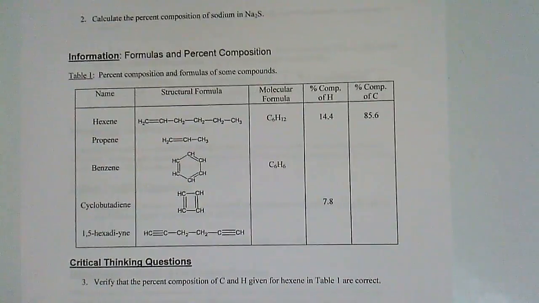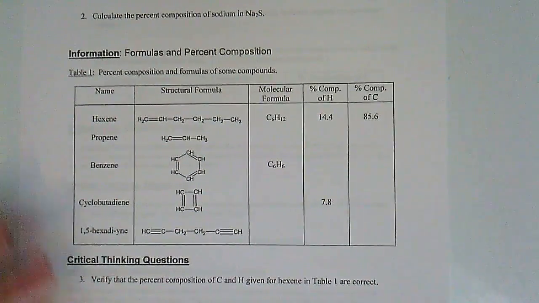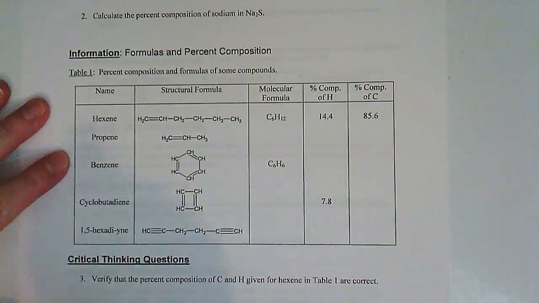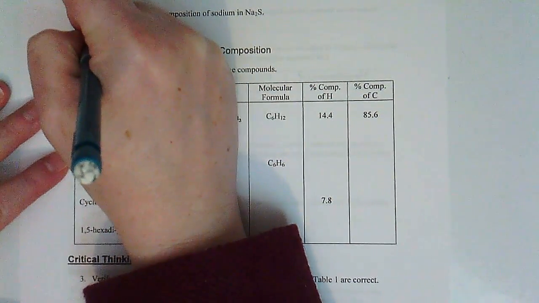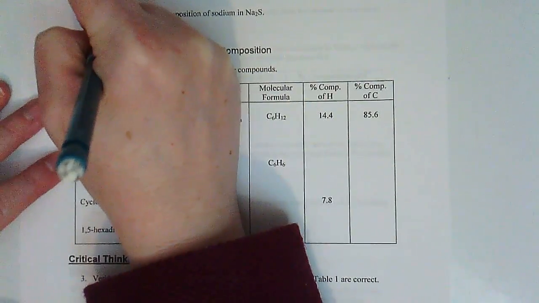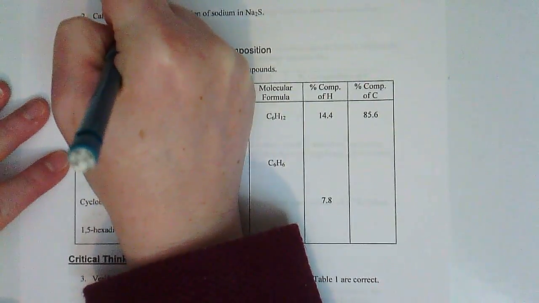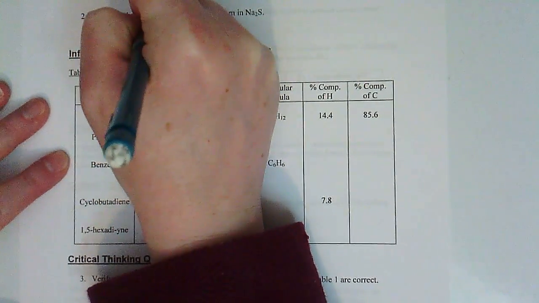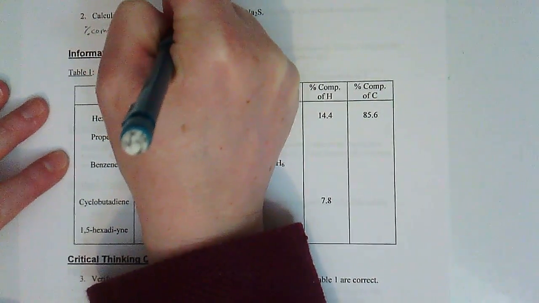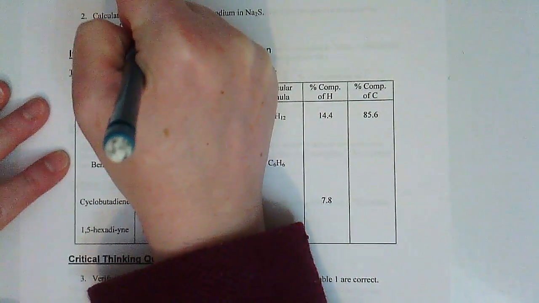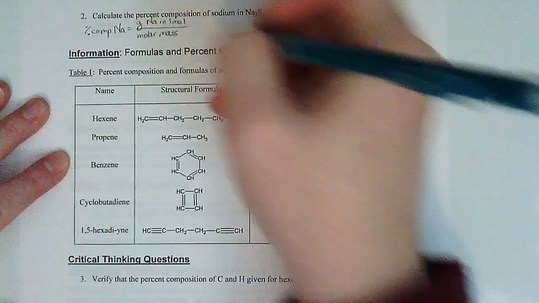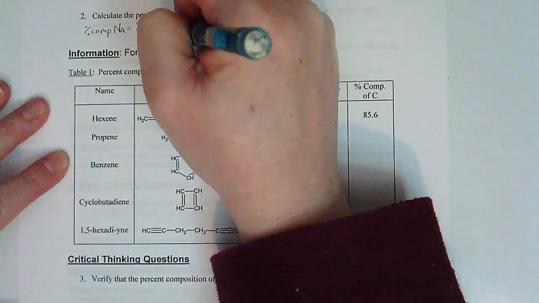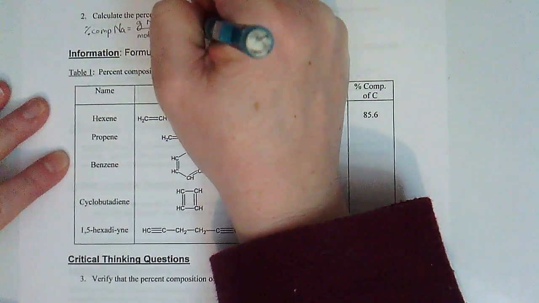Number 2 asks us to calculate the percent composition of sodium in sodium sulfide. So again, our percent composition of sodium equals the grams of sodium in 1 mole divided by the molar mass of sodium sulfide times 100.